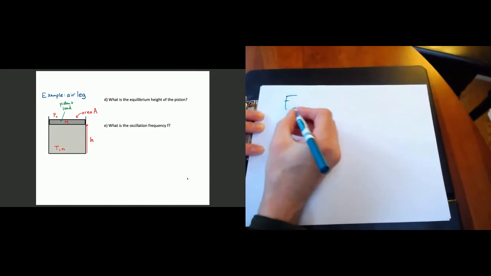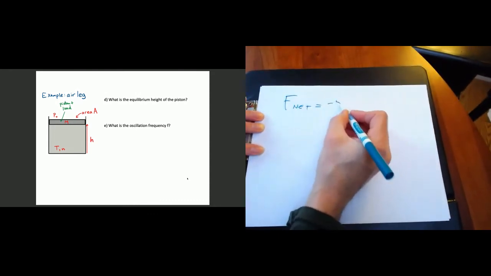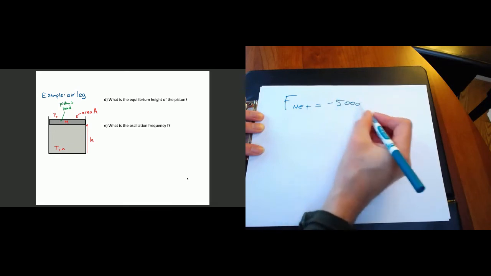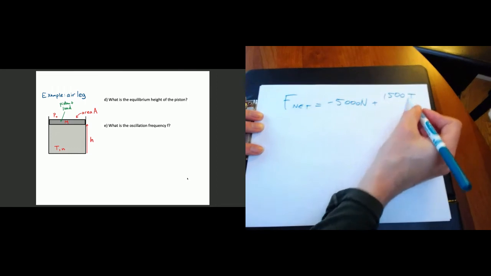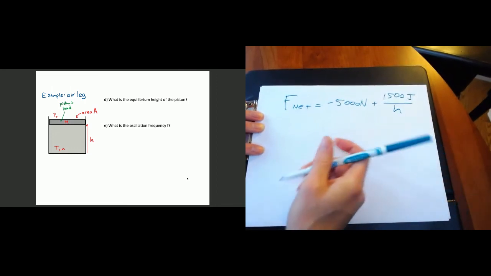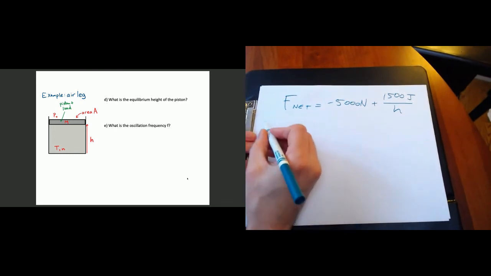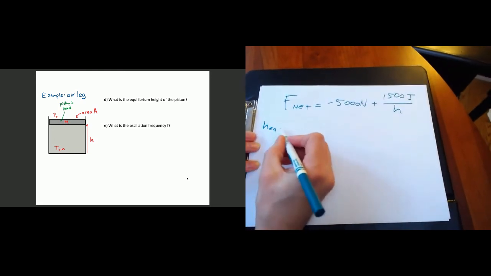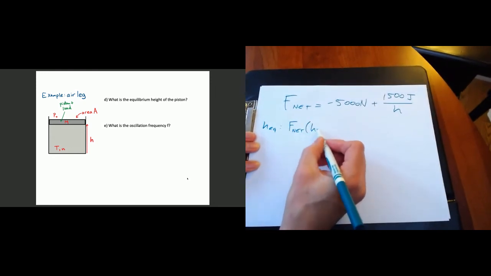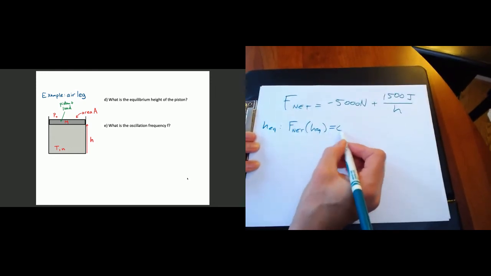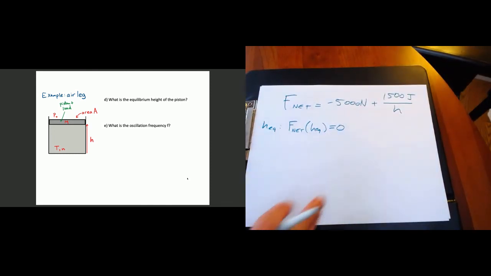Okay, so I'll start by writing our net force again. So that is minus 5,000 newtons, and then plus 1,500 joules over H. And so to find H equilibrium, we're going to use that F net at H equilibrium is equal to 0. That's where the graph crosses the axis.